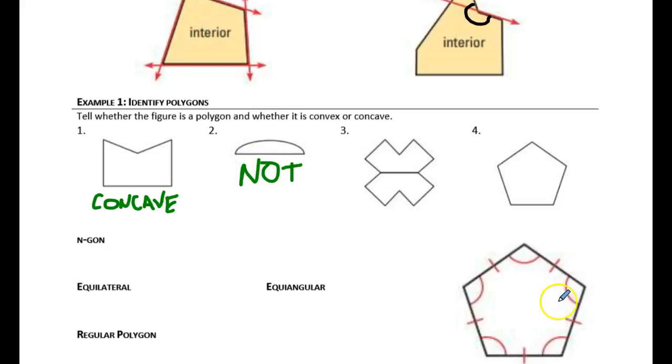Polygons cannot have curved sides. Number 3 is also not a polygon because it's got this split down the middle. If this was not here, we could call it a concave polygon. And number 4 is a polygon, and it is convex.